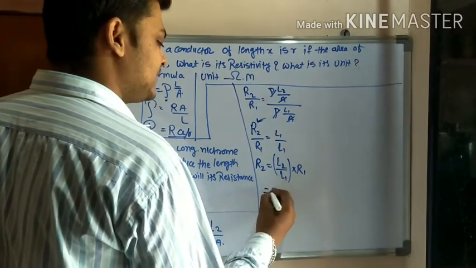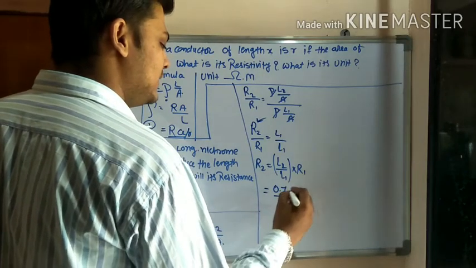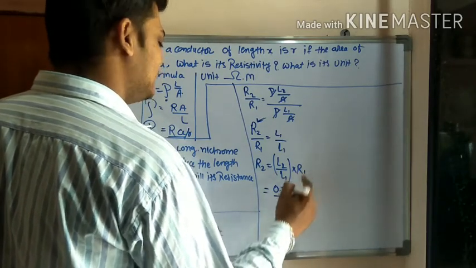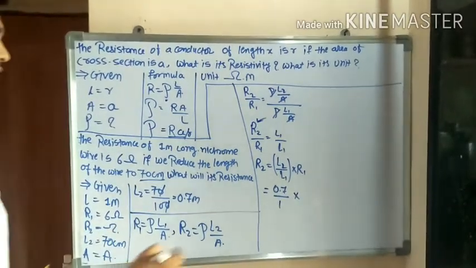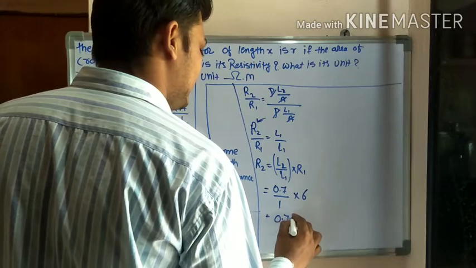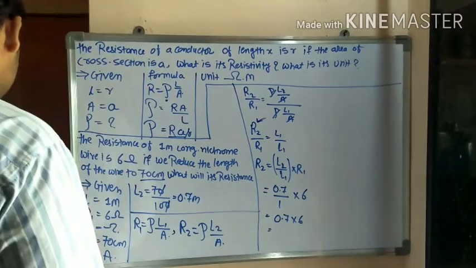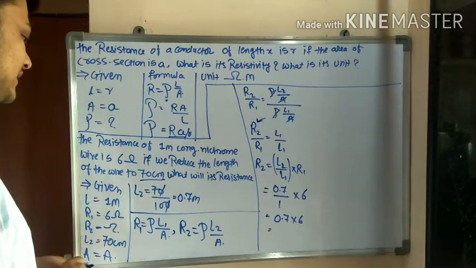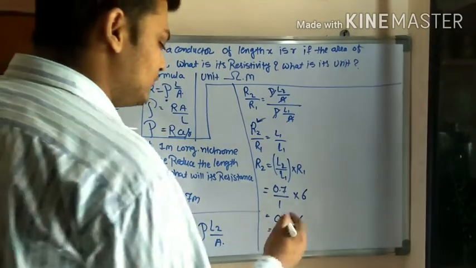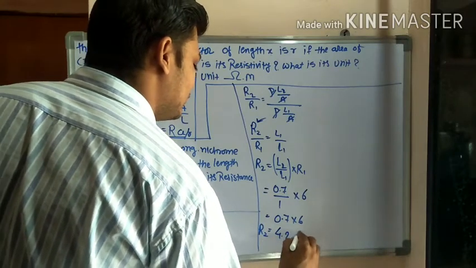Next, L2 is 0.7, L1 is 1 meter, and R1 is given as 6 ohm. So it is 0.7 into 6. 7 sixes are 42, so 4.2. R2 is equal to 4.2 ohm.